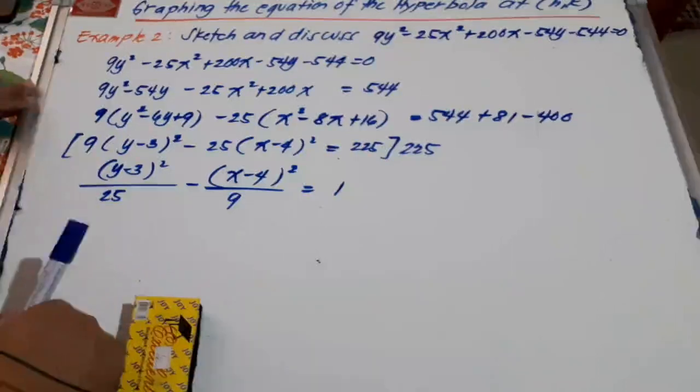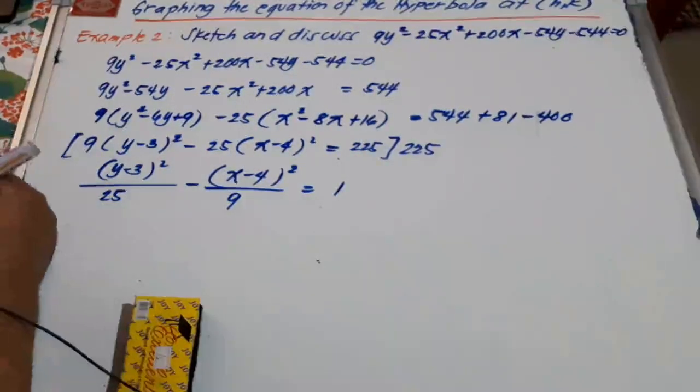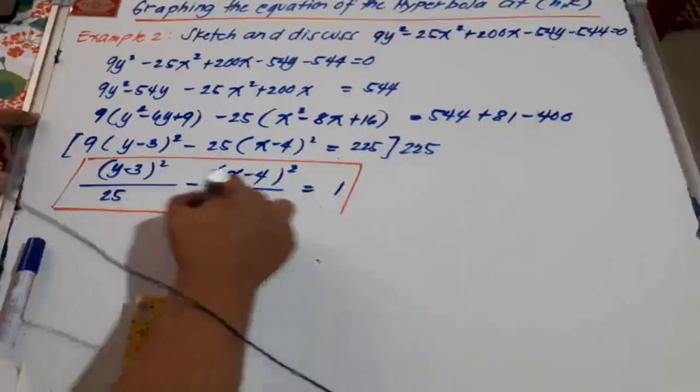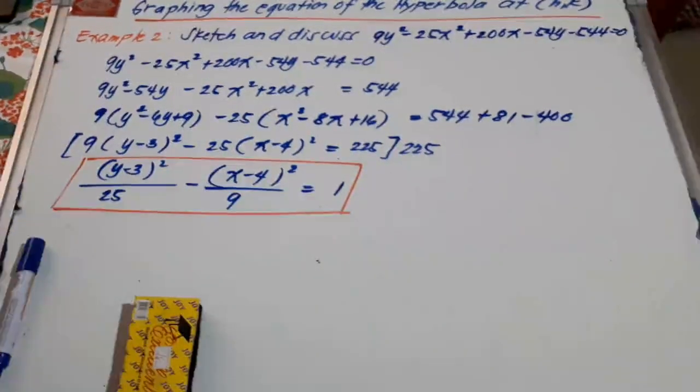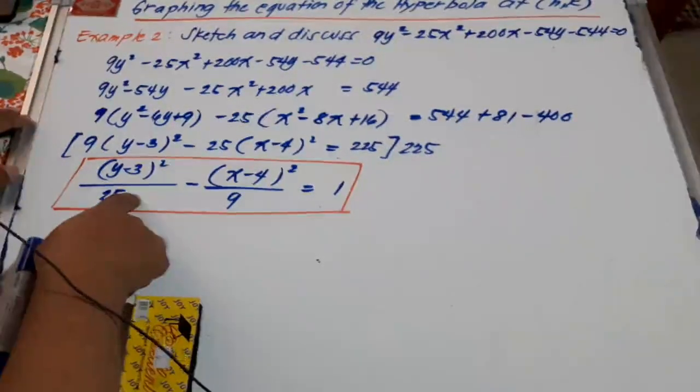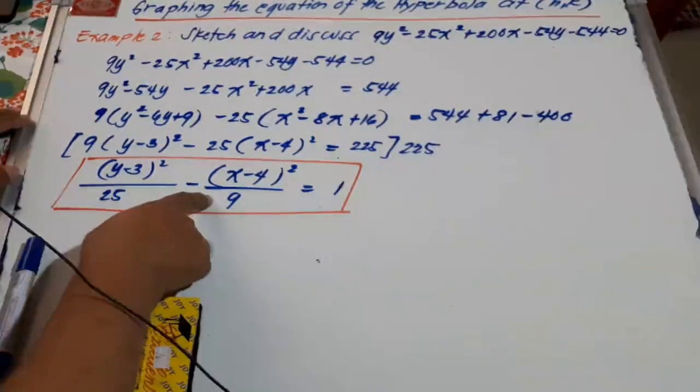So, nasa standard form na siya. Ito na ating standard form. Now, kung ating i-analyze, yung ating y squared term ay positive, yung x squared term natin ay negative.